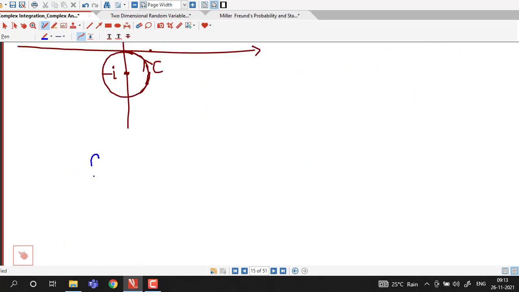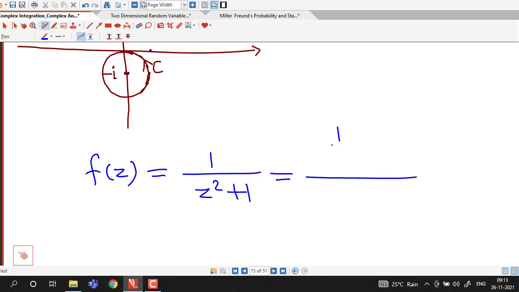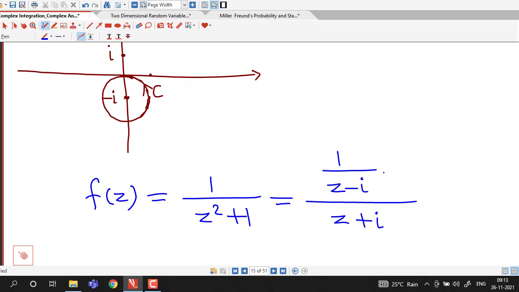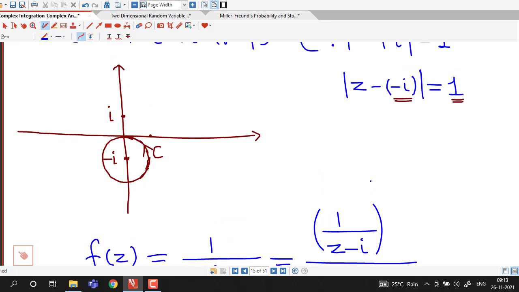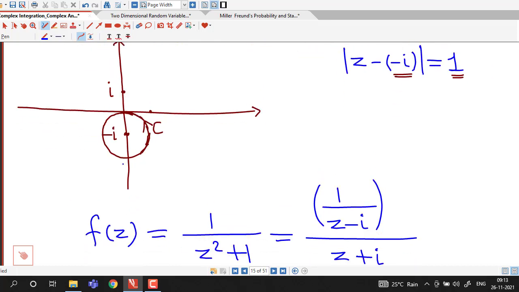So we can rewrite our function as 1 over z minus i, times 1 over z plus i. Observe that the function 1 over z minus i is analytic everywhere on and inside this circle.